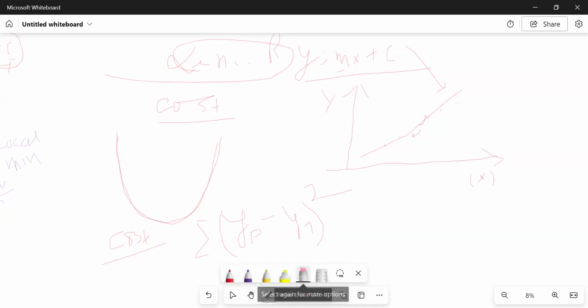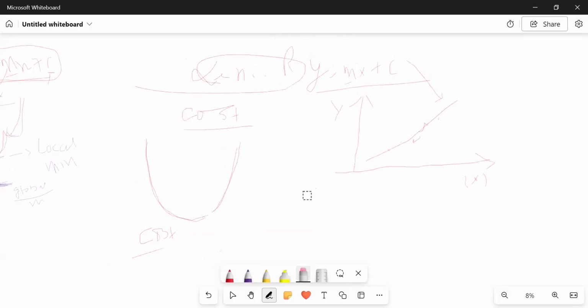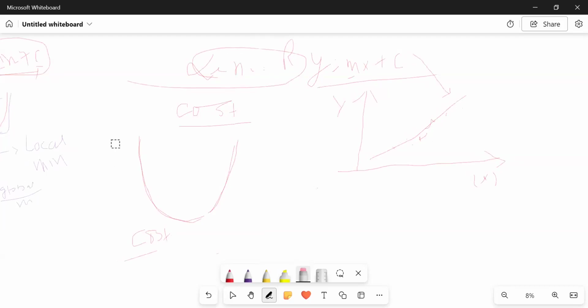Now what you're confusing here is the gradient descent. This parabola represents my cost function, right? In order to make a good model, we need to minimize my cost function.